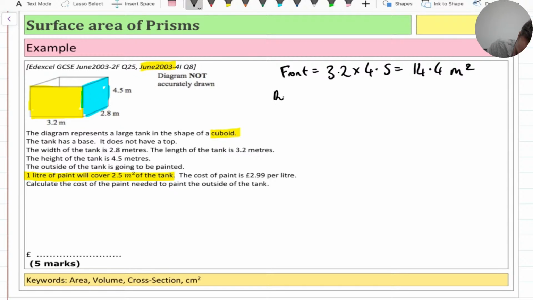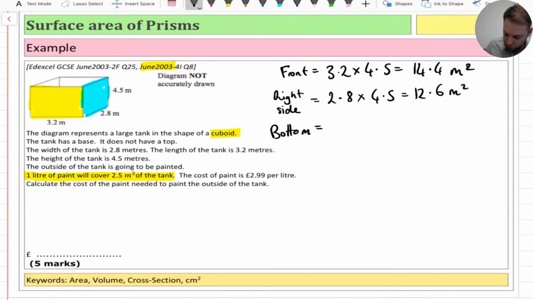The right side is equal to 2.8 times 4.5, which is equal to 12.6 meters squared.